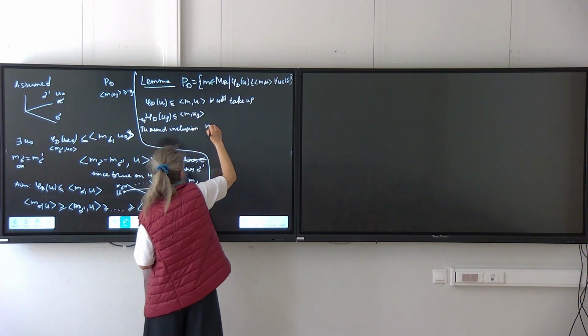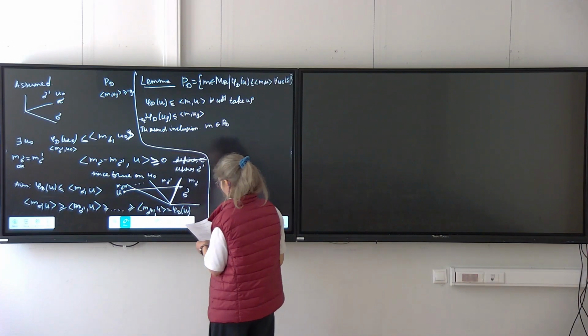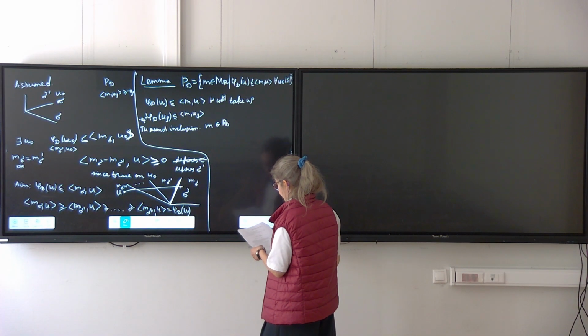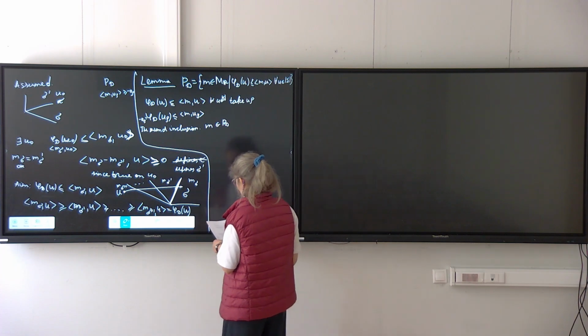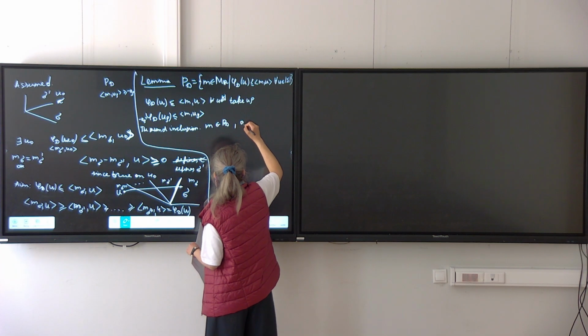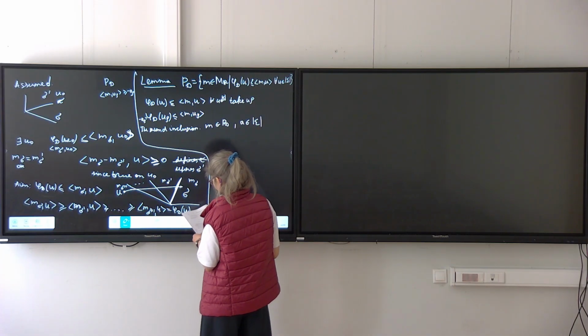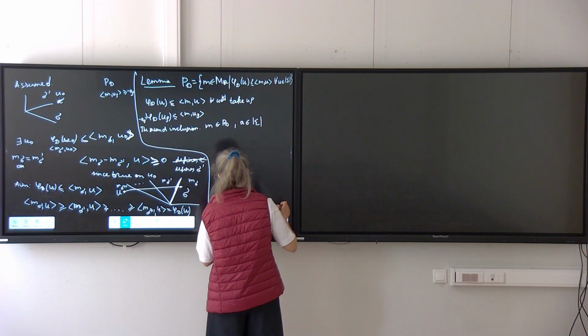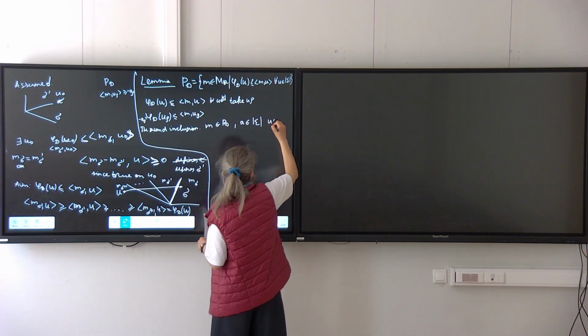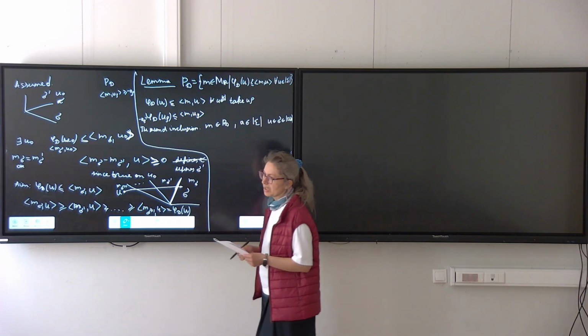If we take m from PD, we mean over real numbers, and any u from our fan, then u is in some sigma of dimension n. Okay?